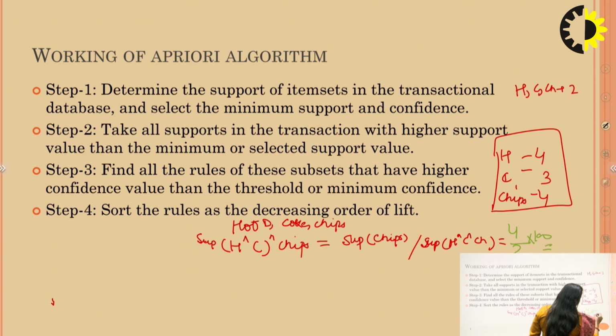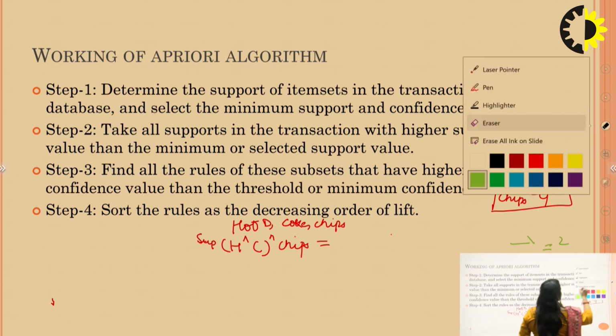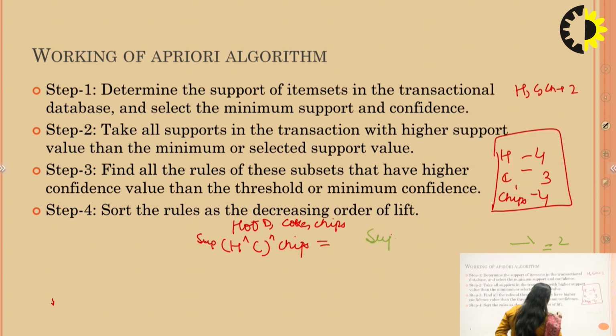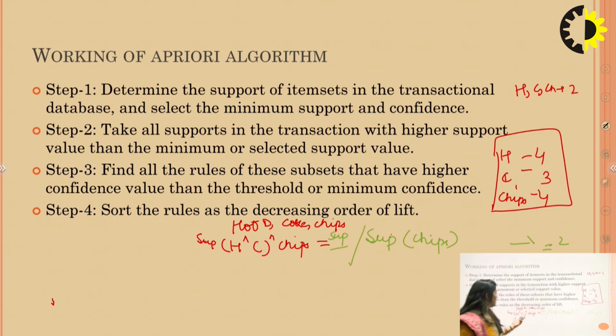I think the value will be like this: the support of chips and the support of all these values together, support of hot dog, Coke and the chips.